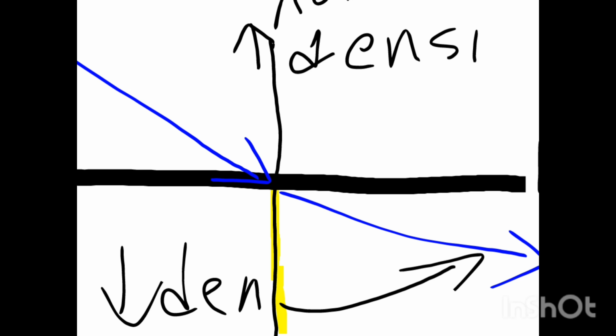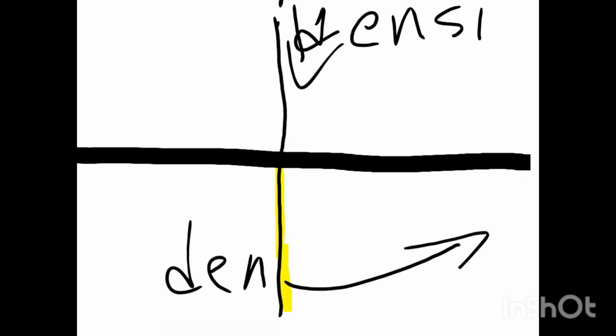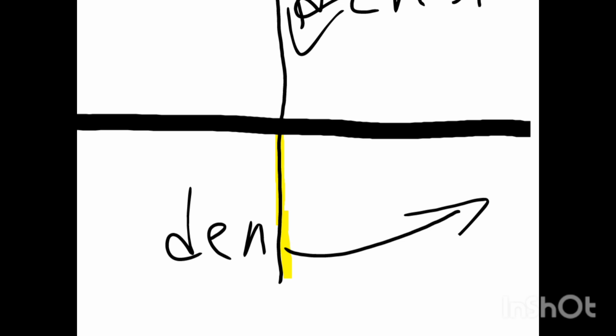And if it were the opposite, let's say that this time the upper part which was more dense becomes less dense, and the lower part is the one which is more dense.